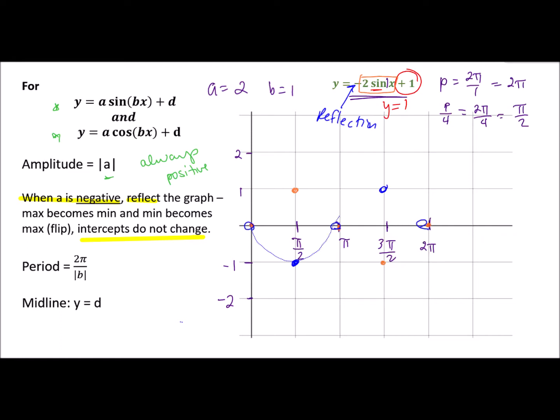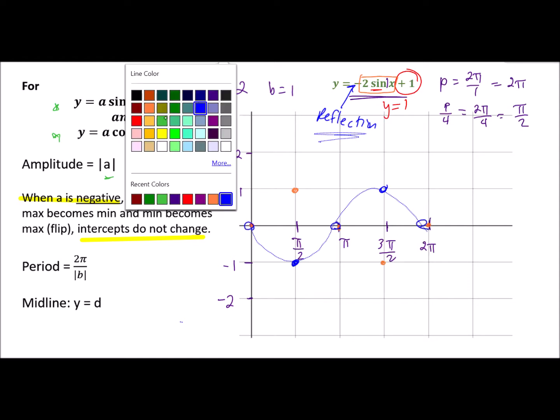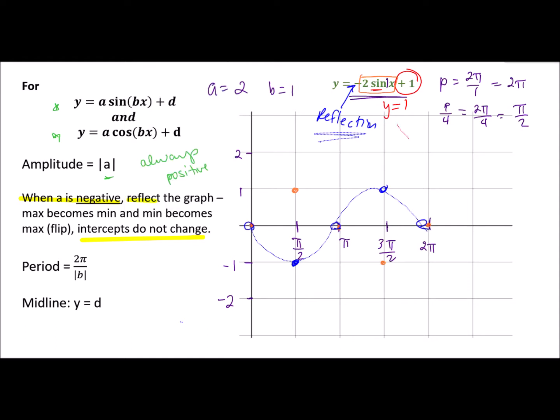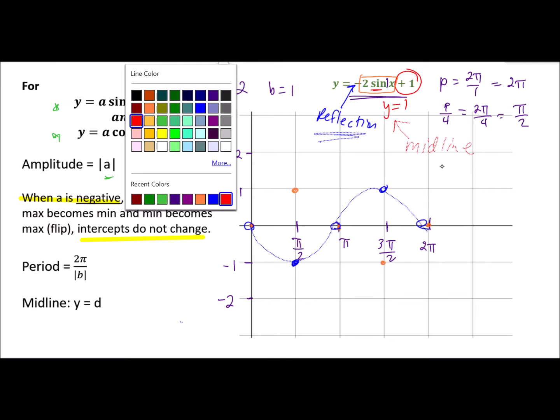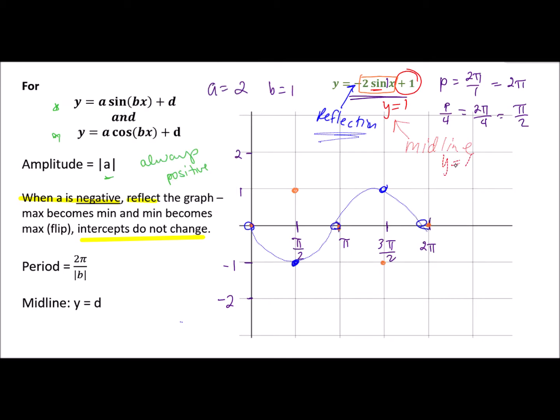This would be the reflected part, right? So that's with this reflection guy. But we also have to take care of this midline right here. Okay, midline now it says is at y equals 1. Okay, I'm going to draw a line for y equals 1.